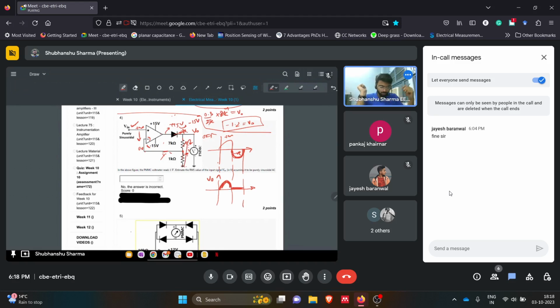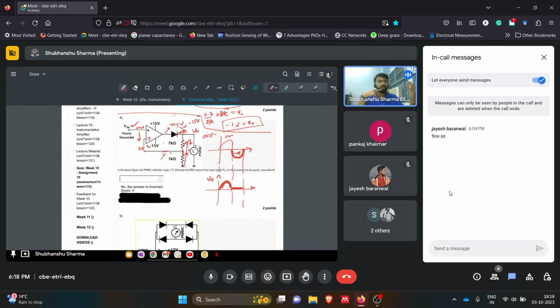So basically this whole circuit acts as a precision rectifier. Why do we say precision rectifier? Because if you normally use diodes without any operational amplifier, there is a limitation in diodes: they have a forward voltage drop of 0.7 volts or 0.5 volts, which gives us a constraint that we cannot use signals below it.